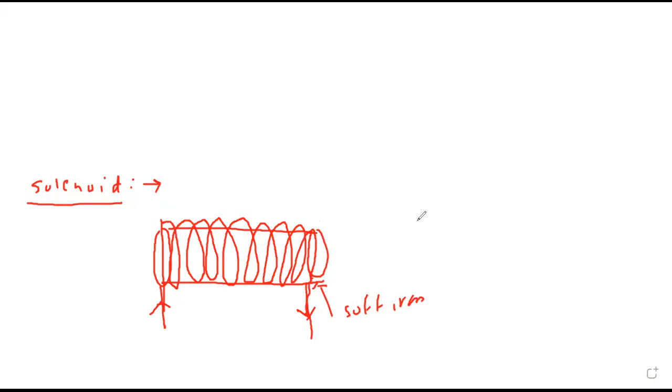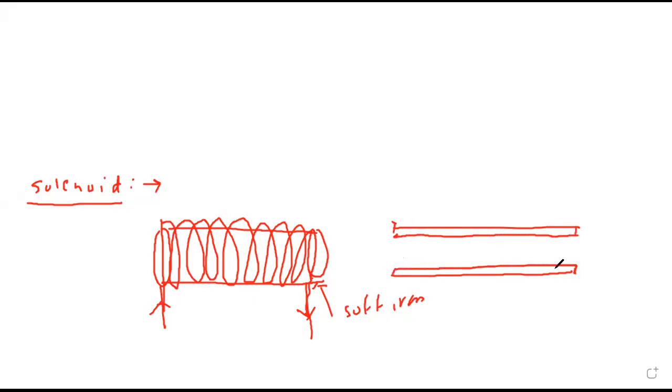Now if we draw, suppose I cut this cylinder, so we see this thickness. Current will enter from here and come out.